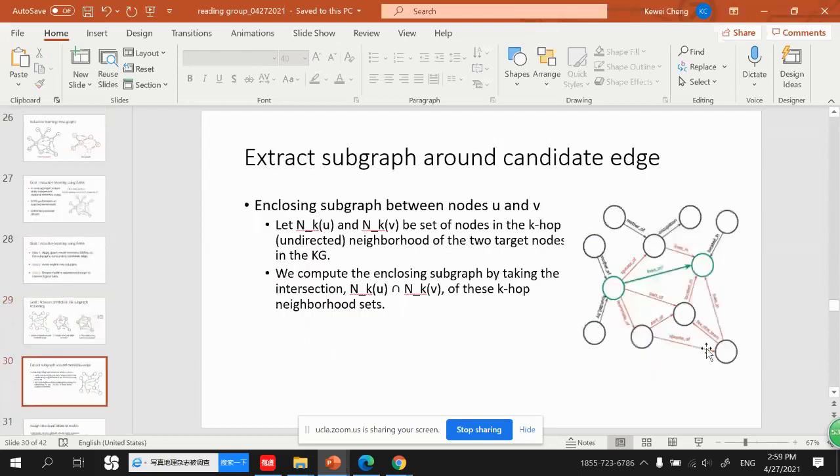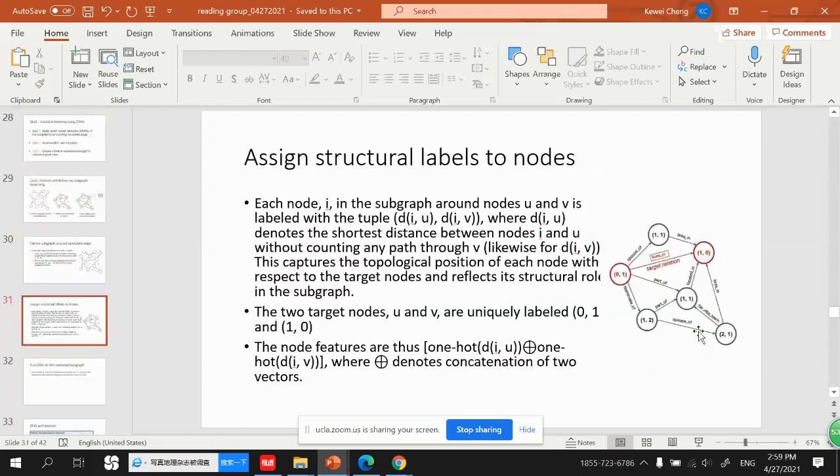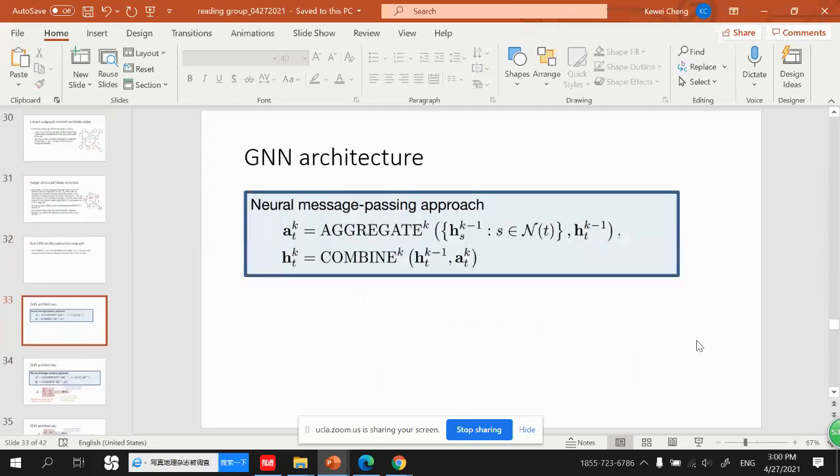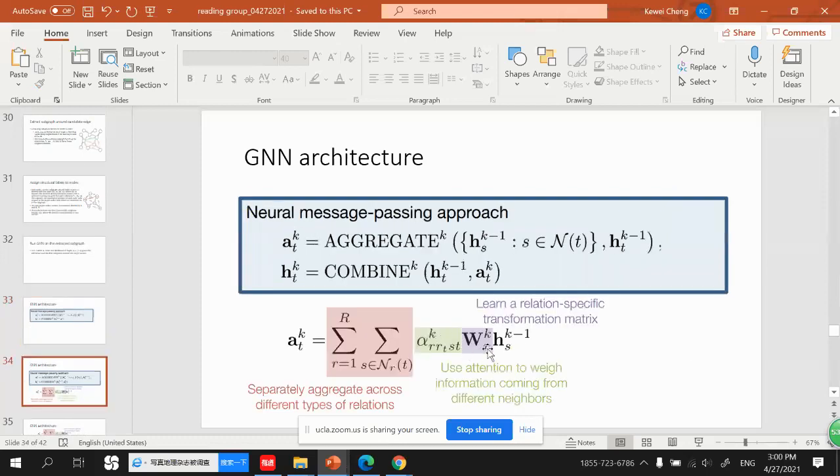To handle this, similar to RGCN, we introduce a relation-specific transformation matrix in order to capture information from different relations.